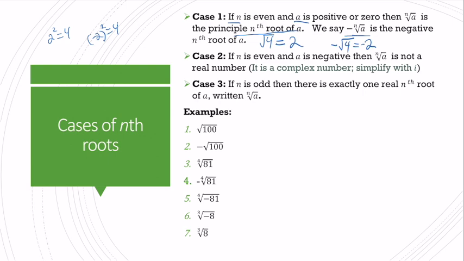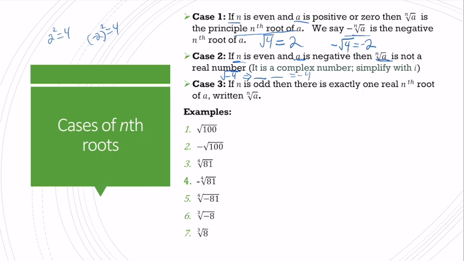Our second case is if n is even and a is a negative number, we cannot take a real root. This is going to be a complex number. And the reason for that is, if I wanted the square root of, say, -4, that would mean, okay, what are two things that I can multiply together in order to get -4? Well, there's no two things that are the same thing.